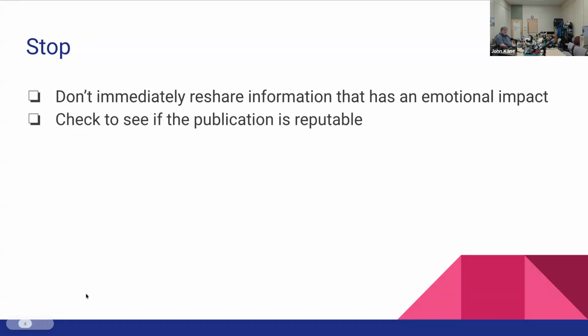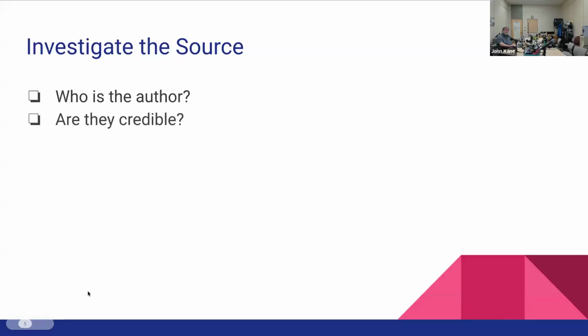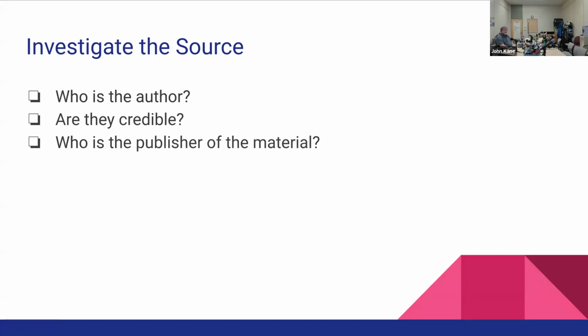And we've all seen ways in which people try to fake legitimate references and so on. And investigating the source would involve things like who authored it? Are they credible? And who published it? Is this a real document? Is this coming from a real study? Go back and look at where the claims are coming from and whether they seem to be real.